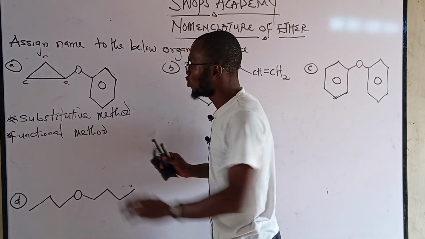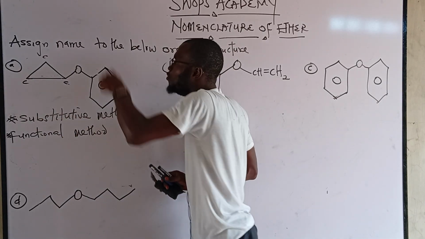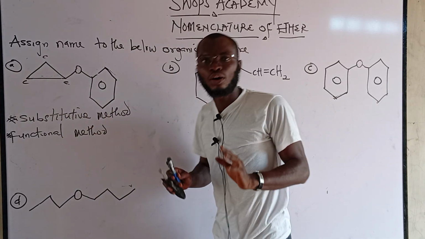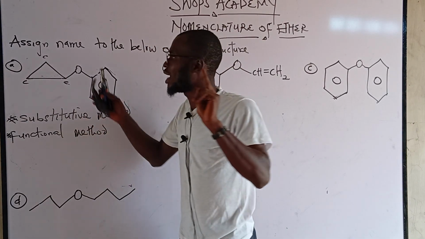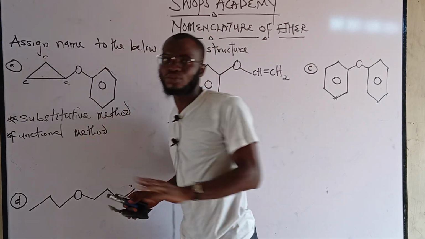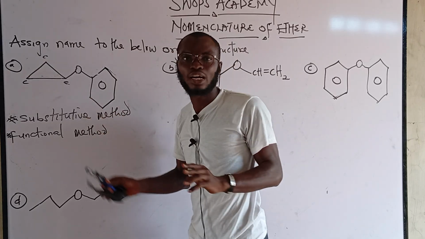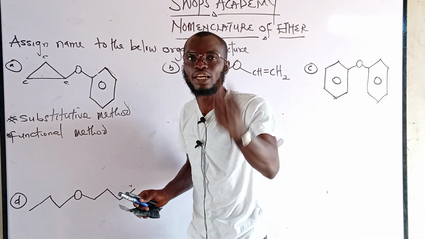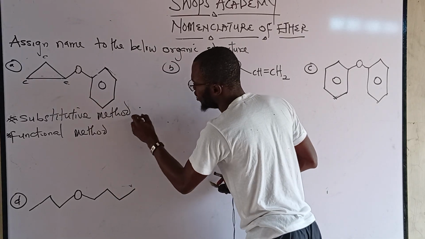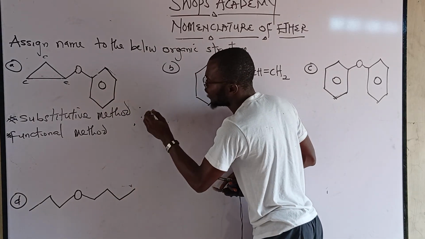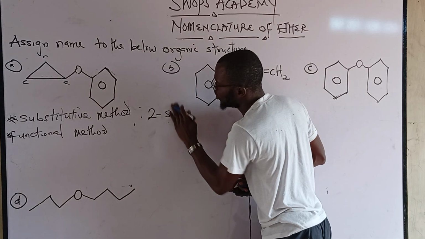Are we together? So when they said use substitutive method to name this, all you need to do is very simple. If they ask you, you firstly identify the substituent that is present here. How many substituents do I say is present here? 2, which is the cyclopropyl. So I've started naming this.